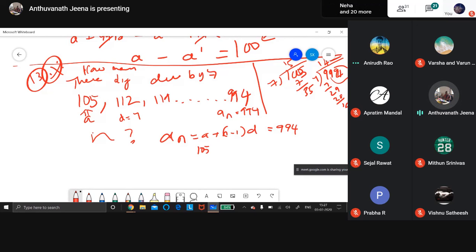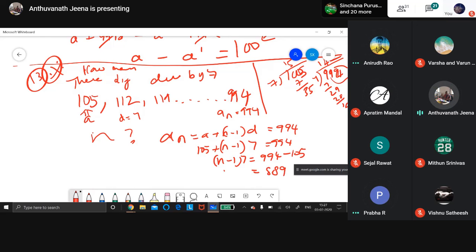105 + (n - 1) × 7 = 994. Bring this 105 to that side first. So you will get 994 minus 105, which is 889. Correct.